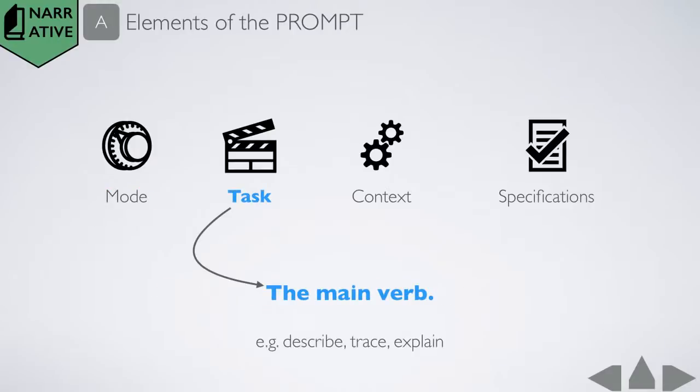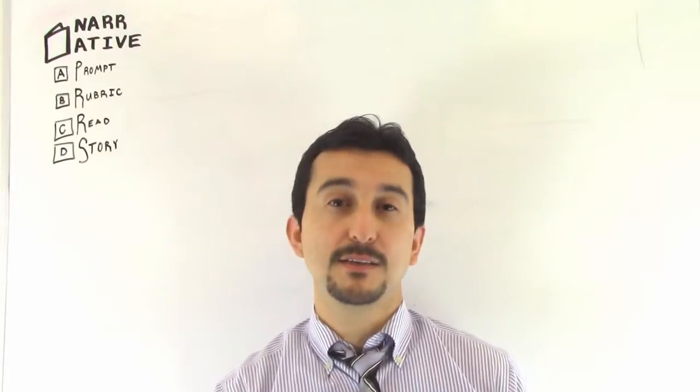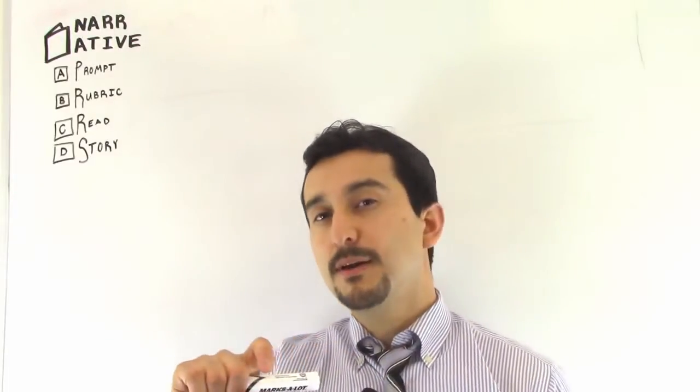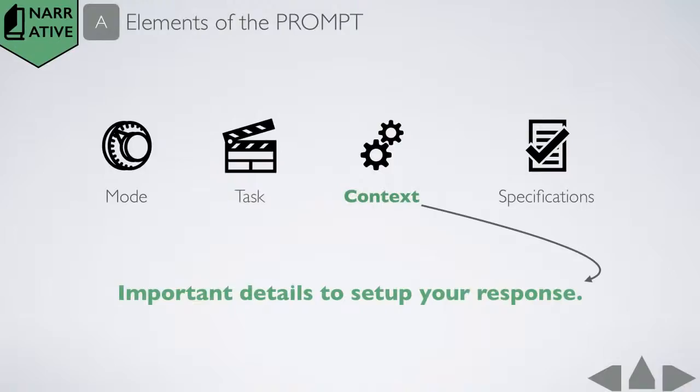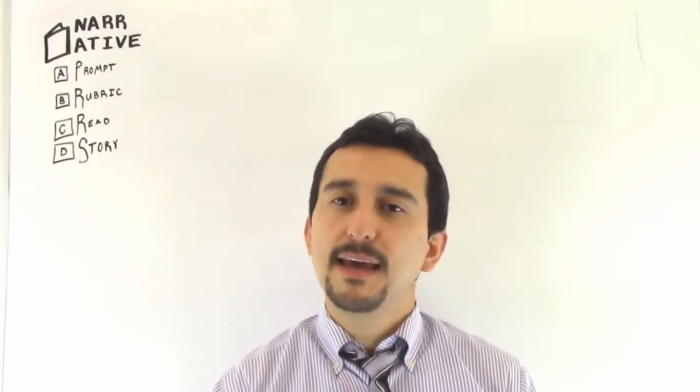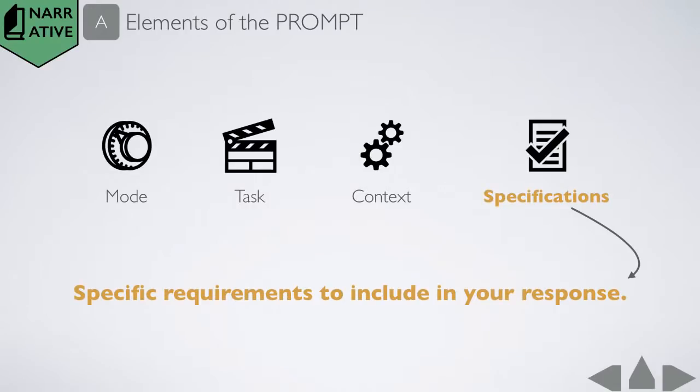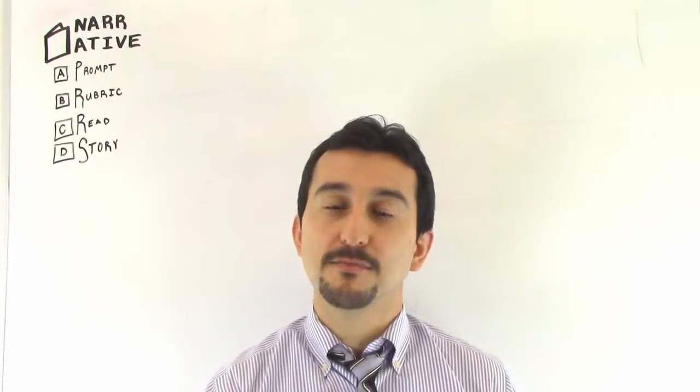It's like a specific verb, so it tells the student really precisely how to respond, not just the mode to which to respond, but the format in which to respond. And then you have your context, all those contextual details, so they really know how to frame their response through the narrative, and specifications, some specific guidelines that must be included in their response.